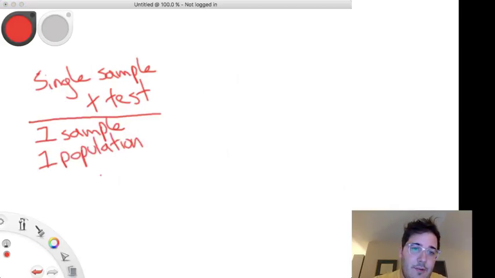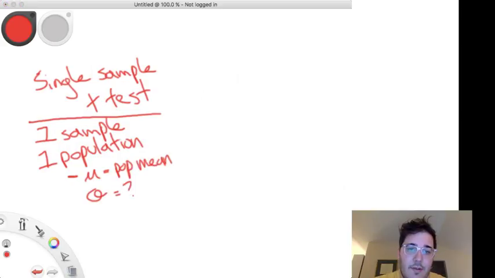And here you need to have mu, again, which is your population mean, but sigma is unknown. You don't have it. If you had it, then you would just do a z-test. But since you don't have it, that's when you would use a single sample t-test.